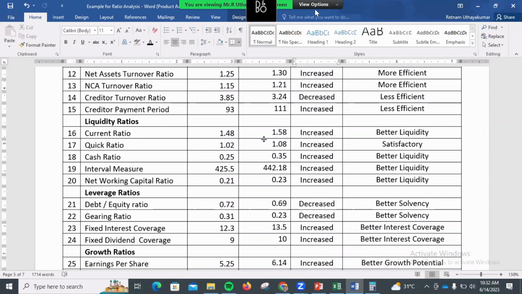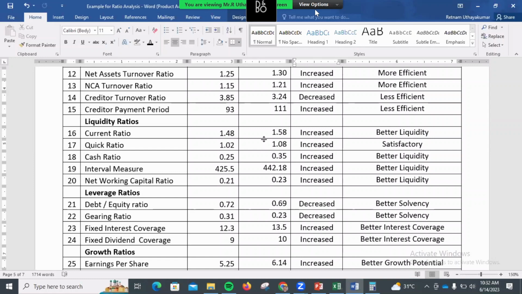For the quick ratio, you have 1.02. The standard ratio is 1 to 1. You must have 1 rupee in quick assets to pay 1 rupee of current liability. Whenever you are around 1, it's okay.